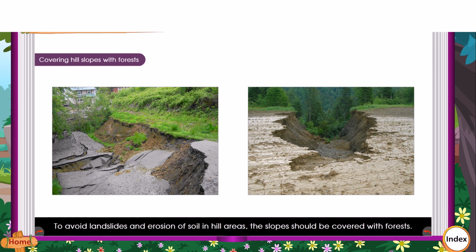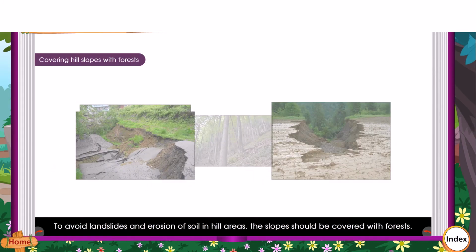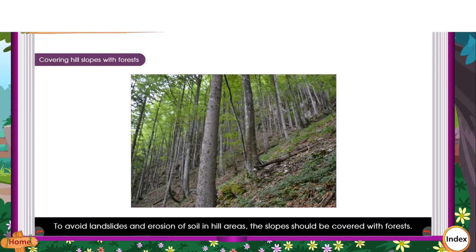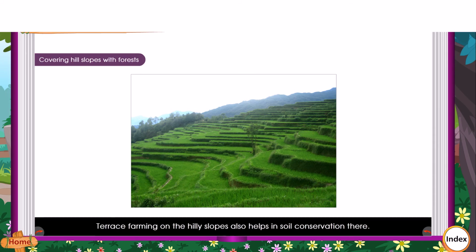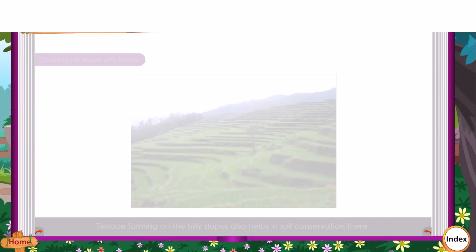Covering hill slopes with forests. To avoid landslides and erosion of soil in hill areas, the slopes should be covered with forests. Terrace farming on the hill slopes also helps in soil conservation there. Making small bunds around the fields.